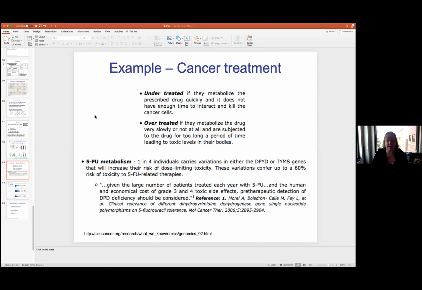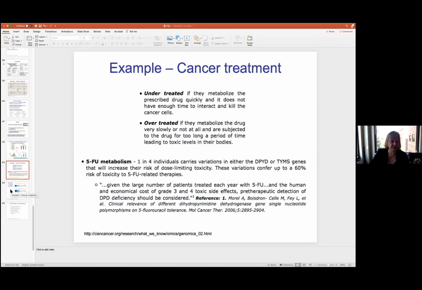And so the classic example of this is 5-FU metabolism. There are 2 genes that come into play with 5-FU metabolism that are responsible for a lot of the toxicity. And pretty much it is recommended that looking for, in particular, the DPD deficiency be considered.